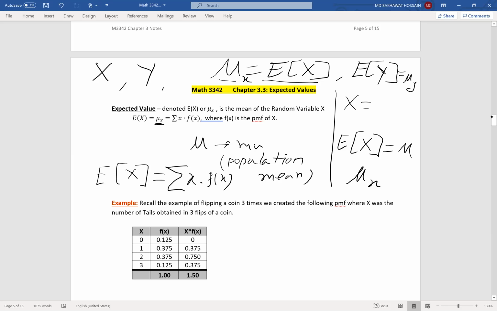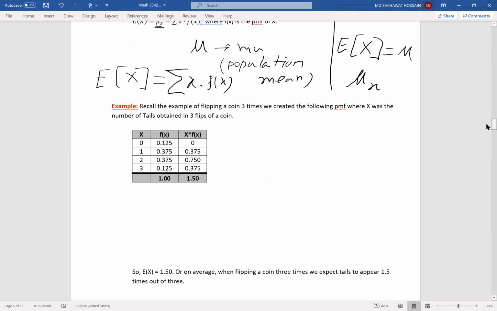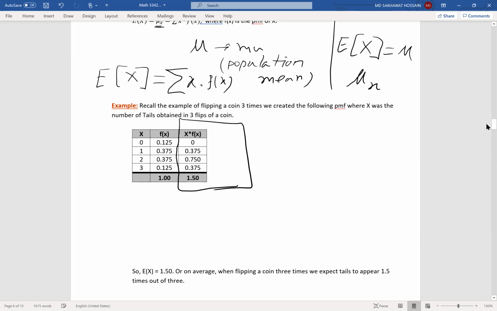So in the next example, forget about this column. If you look at the first two columns, we have one random variable and f of x, which is the PMF of x. How do you know that this is a probability distribution?